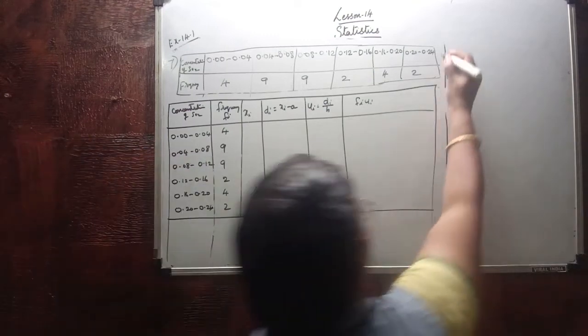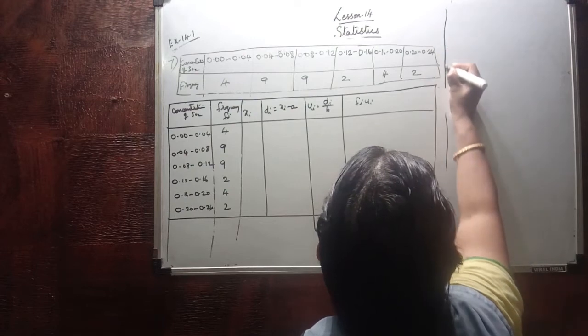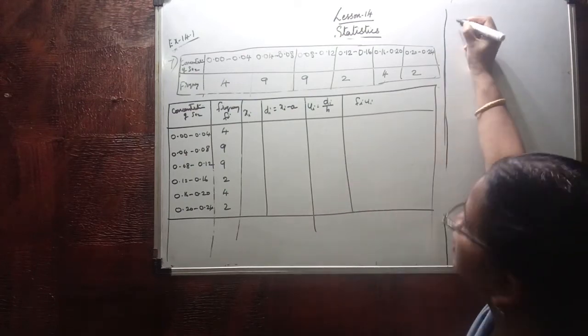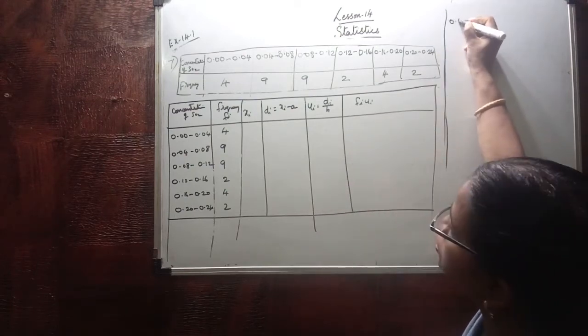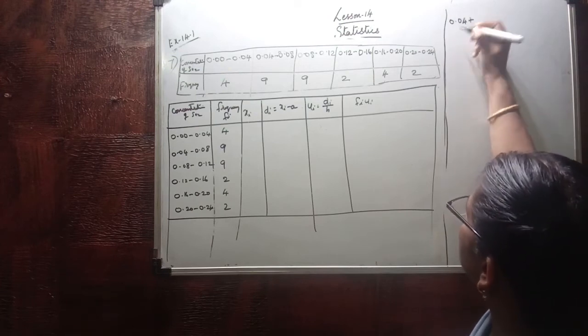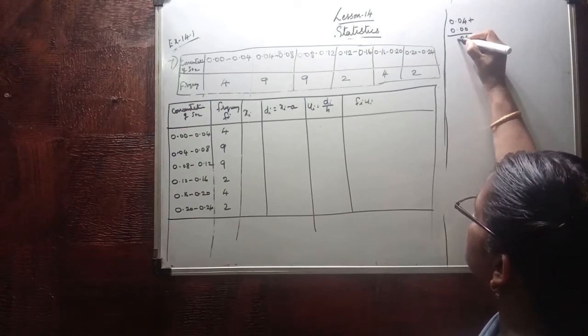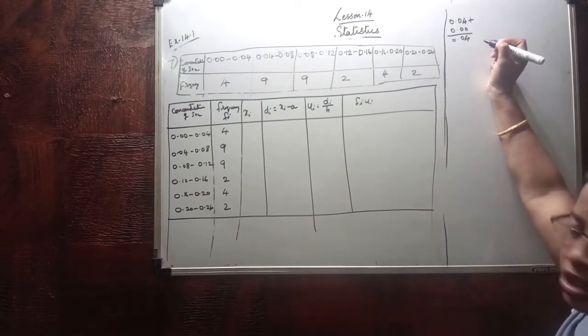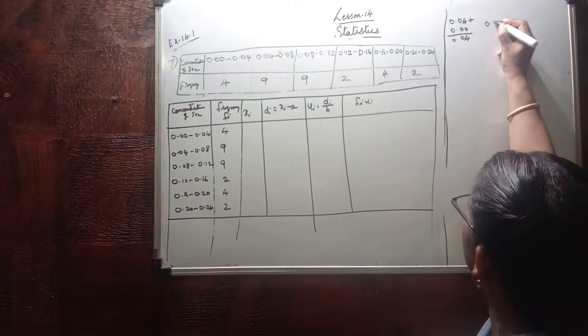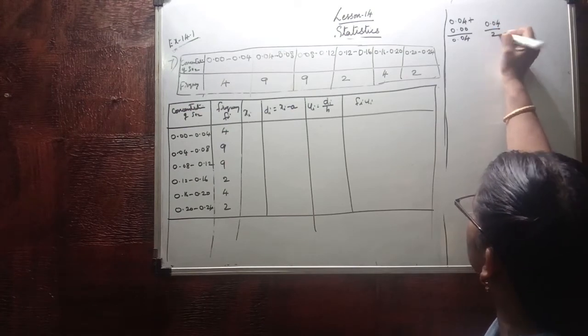Now I will do the calculations here. So first one, 0.04, upper limit plus lower limit. Many of you know the answer, but I have to show it. So 0.04 divided by 2.